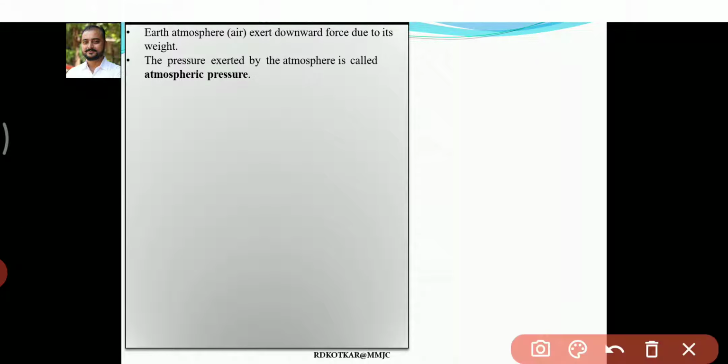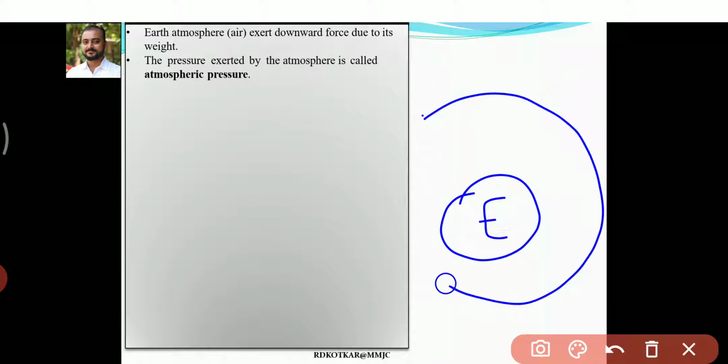It's simple. If you consider that this is the earth's surface, and above it there is a presence of atmospheric air till this circumference, this presence of air exerts a force here, and that force is due to the weight of the air column, and that is always in a downward direction.